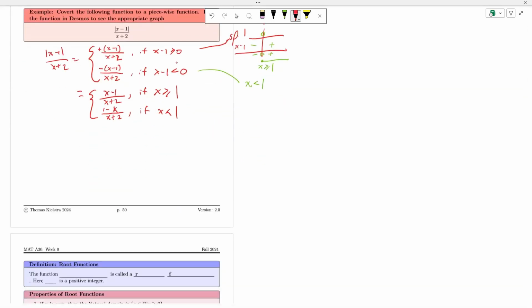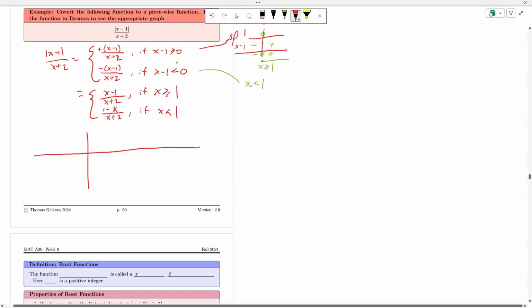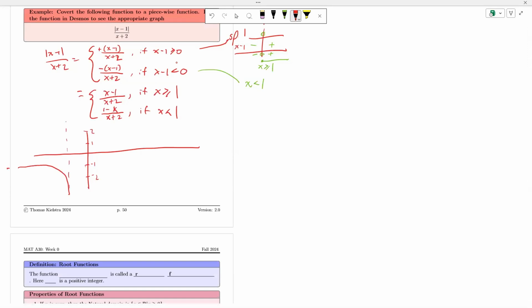Now, if we graph this, the function will look like the following. We're going to have a horizontal asymptote at -1. We're going to have a vertical asymptote at 2.